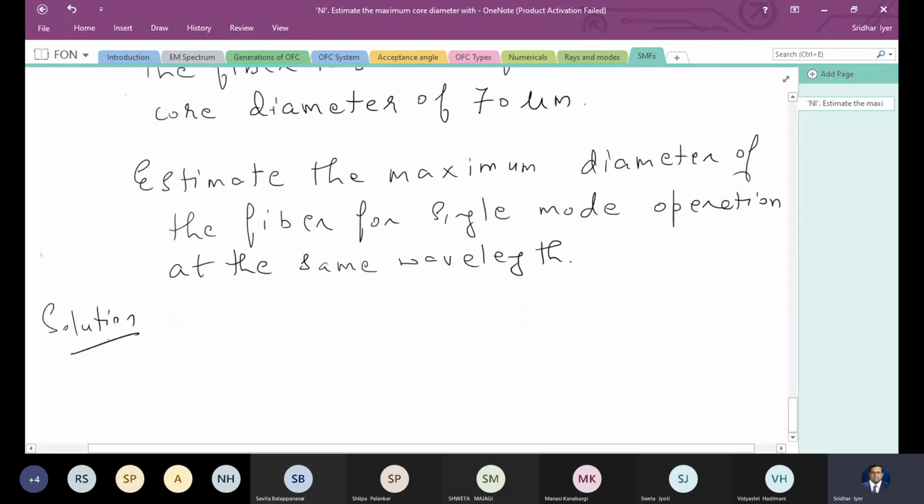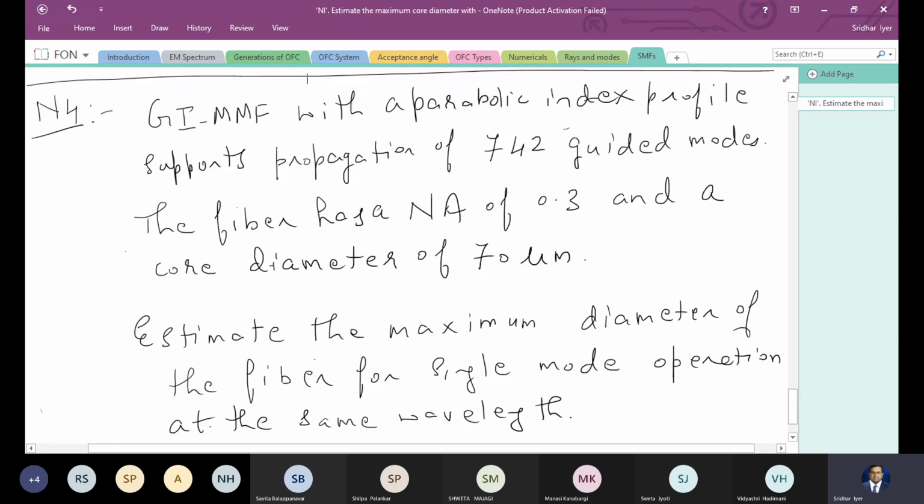So here you'll have to note that we are dealing with the profile parameter alpha, and alpha could be 1 if it is a triangular profile, it could be 2 if it is a parabolic profile, or it could be infinity if this graded index fiber is similar to a step index fiber. These are the values that it can have, but we are given a parabolic profile, therefore alpha is 2. That is the first information that we get from the first line.